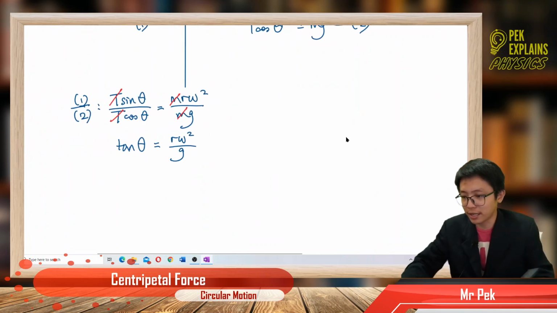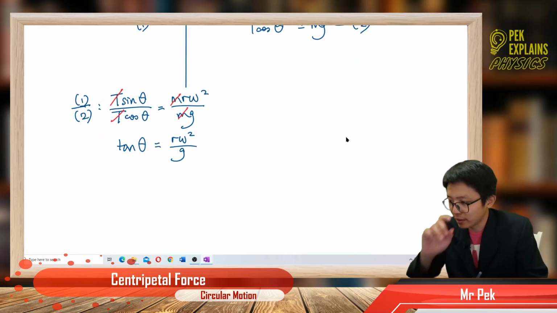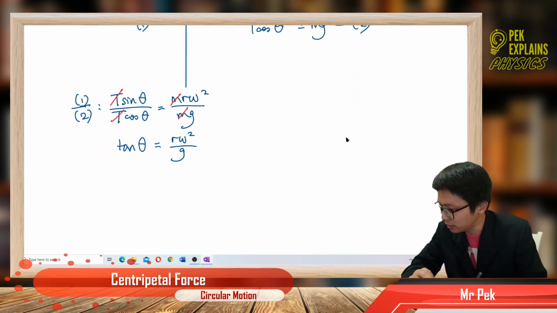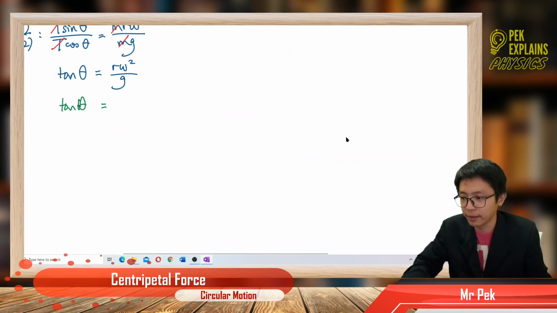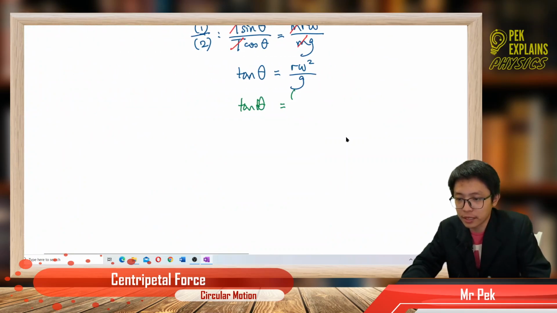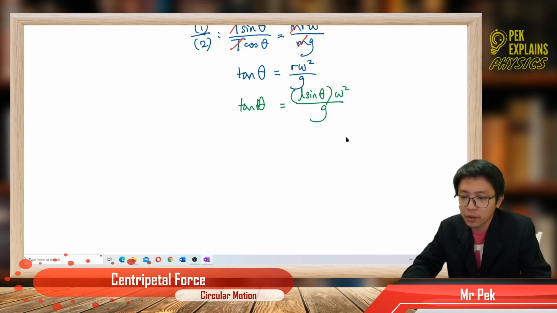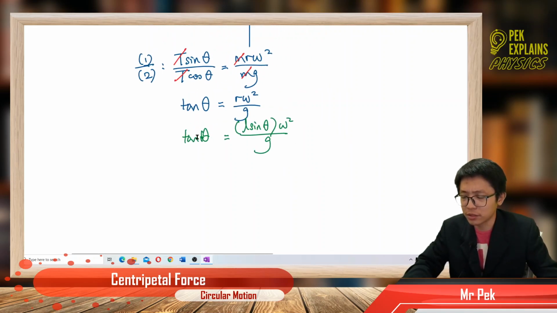So just put it inside. Tangent theta equals r, and r just now is L sine theta, so L sine theta omega square over g. Now we have tangent theta and sine theta, so we don't need to make it tangent theta.